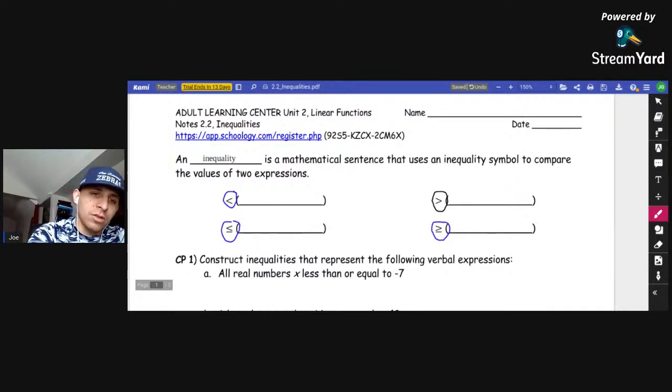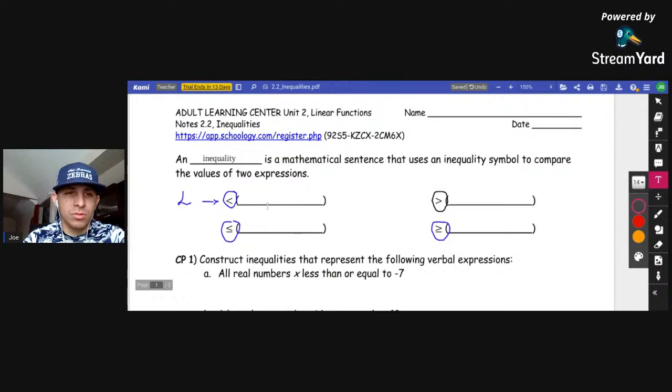For the one that we see here, if I were to draw the letter L, and if you took the vertical aspect of that L and you bent it forward slightly, it would turn into the symbol that you see before you. So we have less than.